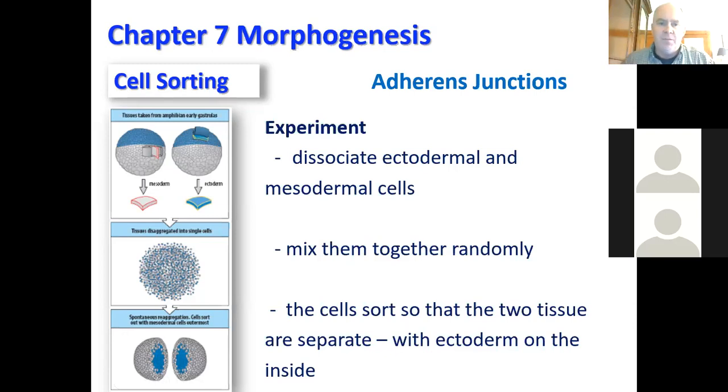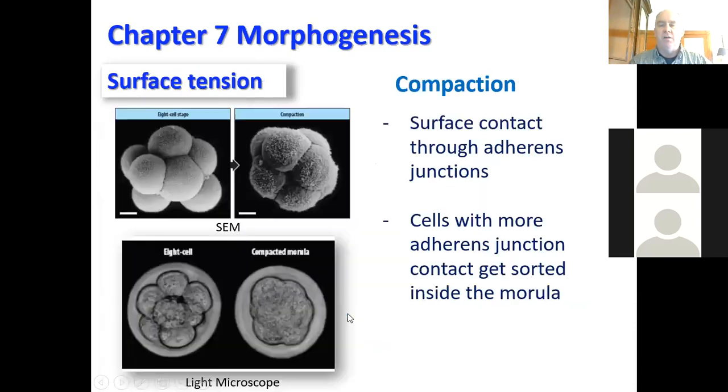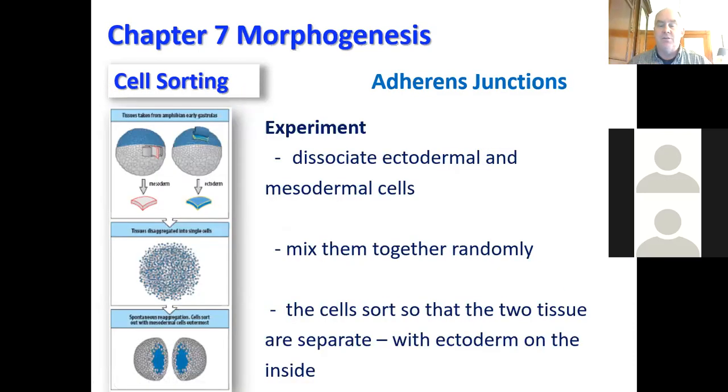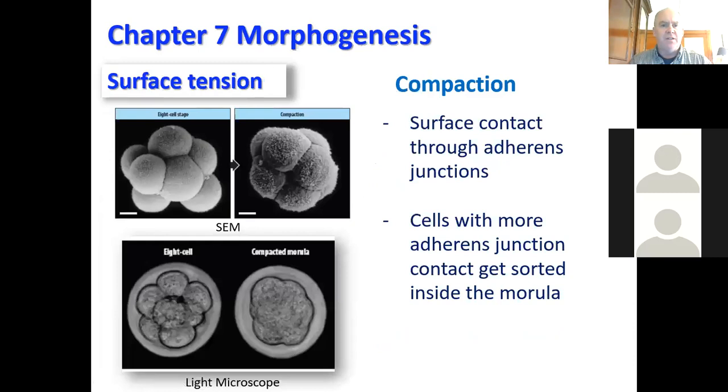So these ectodermal cells are not going to attach to the mesodermal cells because they've got different cadherins. And if they're allowed to freely move around like this, they will eventually sort themselves so that it's only ectoderm with ectoderm and mesoderm with mesoderm, because that's the only thing that can happen because of cadherin or adherens junctions. Okay, how does that help us?